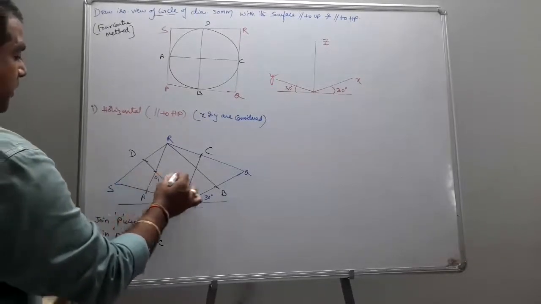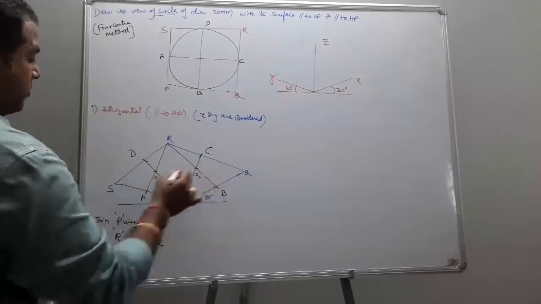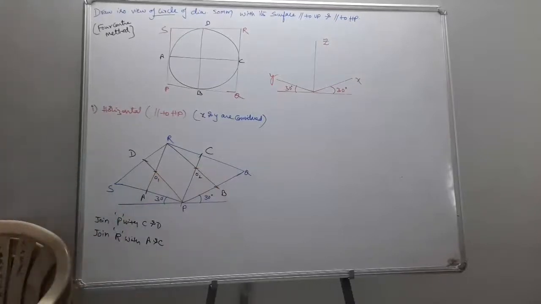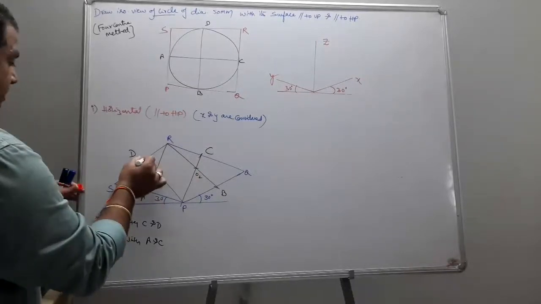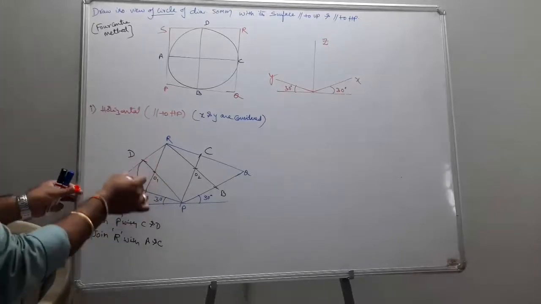Now this becomes your centers. So this is O1 and this is O2. Now O1 as center, O1D as radius, or O1 as center, O1A as radius, draw an arc.